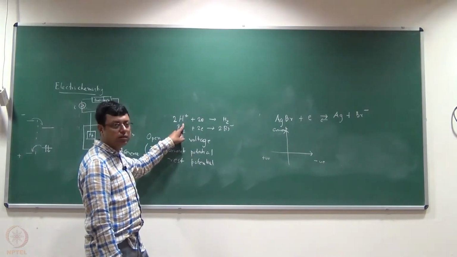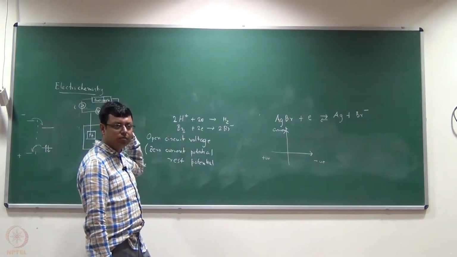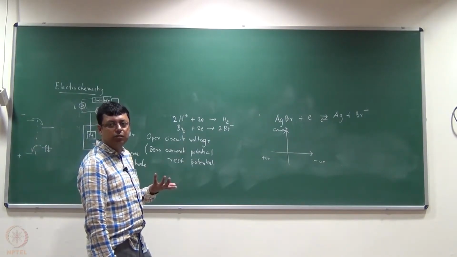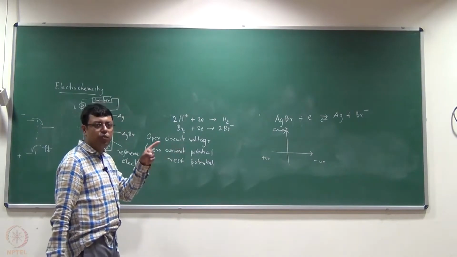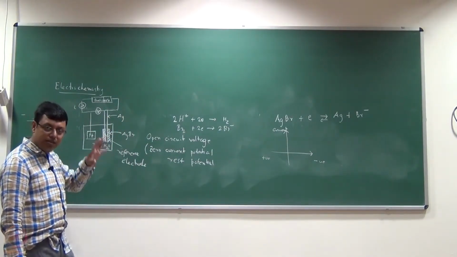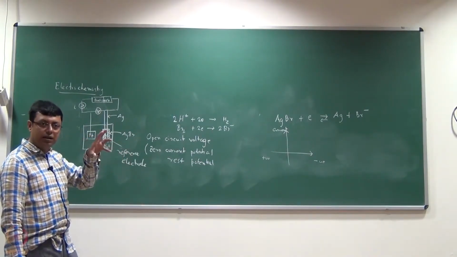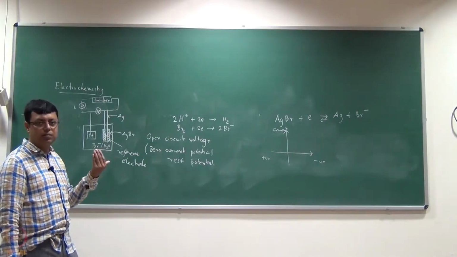This reaction is happening with respect to platinum, but we have already taken that to be 0. But it will not occur exactly at 0. Why? Because there is no hydrogen present. If hydrogen is present at unit activity and platinum is there, then that potential is 0. Here it will be slightly off from 0.